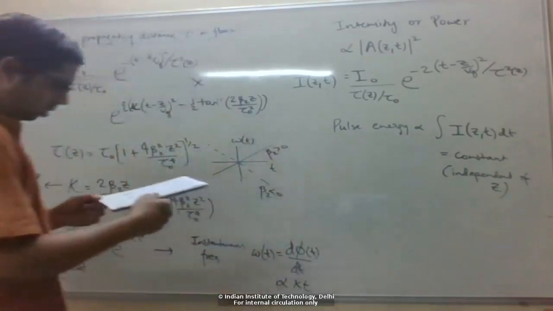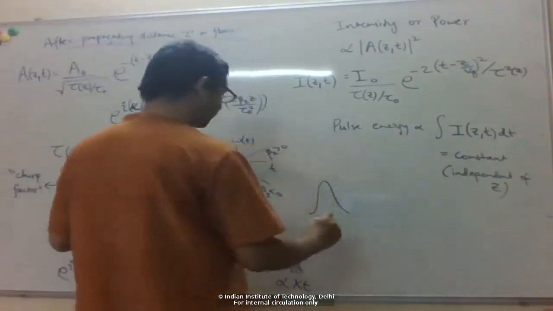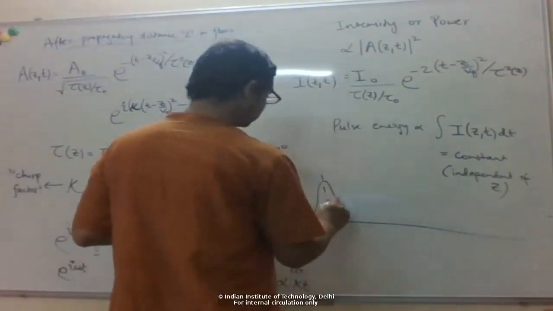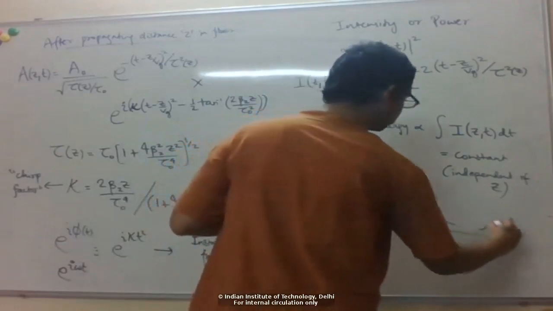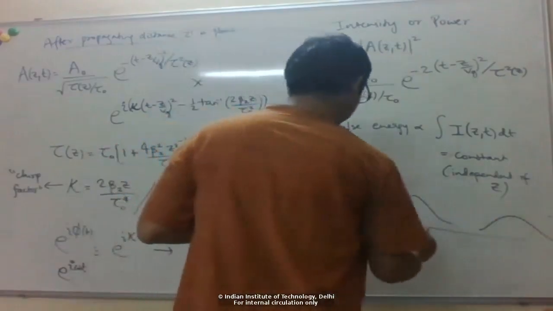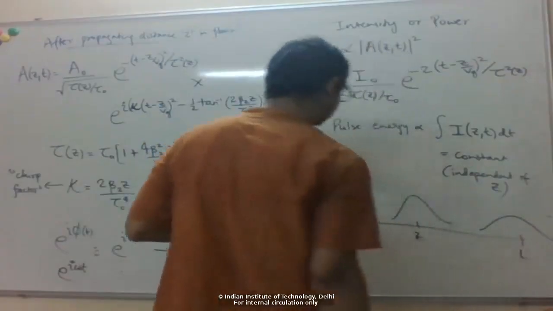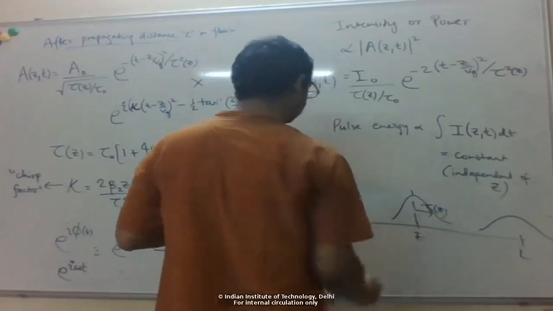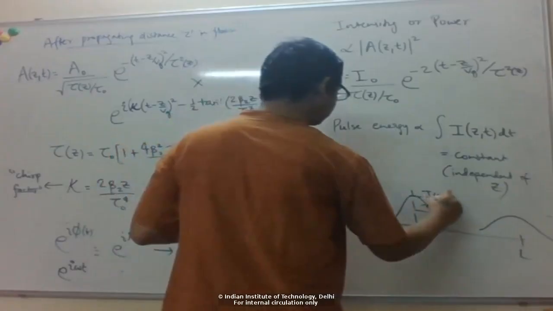So this is your pulse intensity. As it propagates, I start out with some width tau naught. As it propagates, it broadens, and the peak amplitude also decreases. So this is at z equal to 0, and this is at some distance z, let's say the output L. This is now tau of z, this is I naught, and this will be I of z.